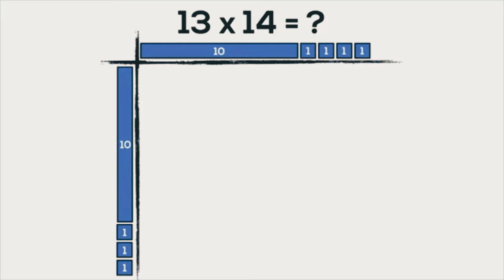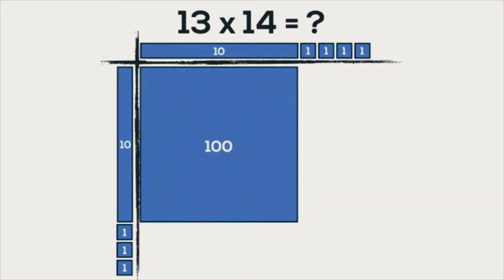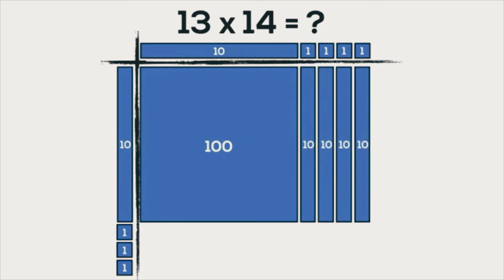Just like you do with a multiplication table, we can multiply 10 times 10 and see that the space the product occupies is 100. And with base 10 blocks, we can use a hundreds flat instead of 100 individual units, or 10 10 rods. Then we can look at the empty space in the top right of our array and note that now we have to multiply 10 from the factor of 13 by the remaining 4 units from the factor of 14 in order to get 4 10 rods, or a sum of 40.